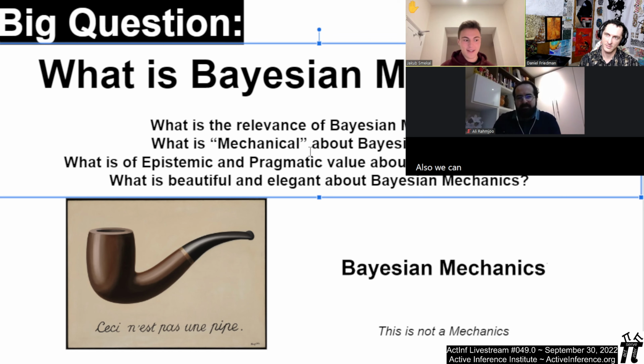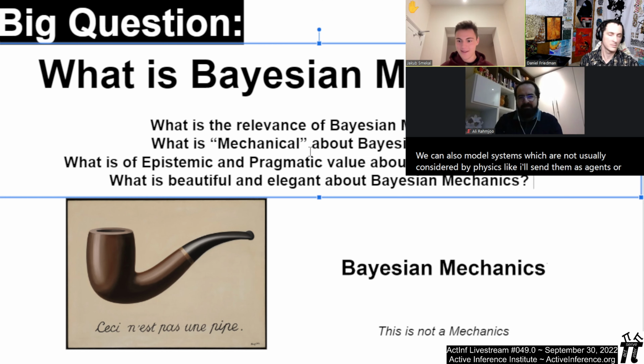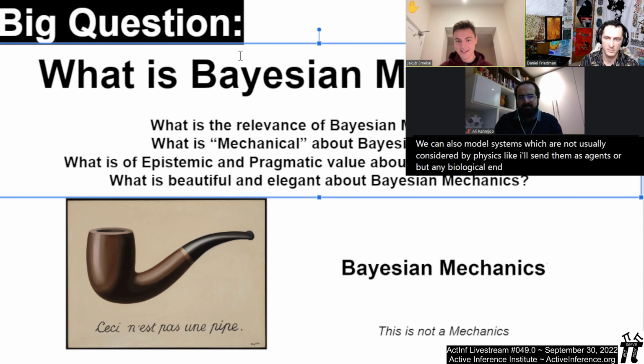We can also talk about quantum mechanics as being enclosed within the Bayesian mechanics formalism, but at the same time, using those same concepts, we can also model systems which are not usually considered by physics, like autonomous agents or any biological entity, and that I think will be probably one of the most relevant contributions of Bayesian mechanics.